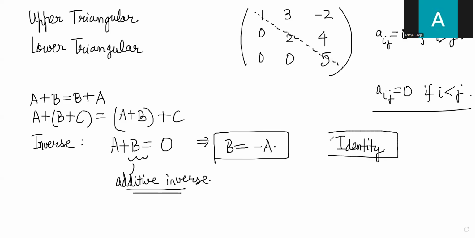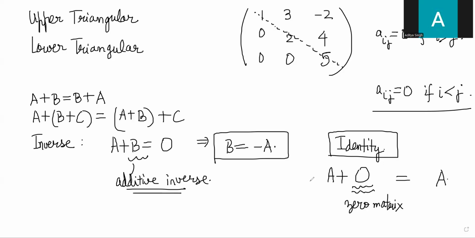Additive identity is basically for any matrix, you can find another matrix that if you add it, the matrix remains unchanged. So the additive identity will be the zero matrix, right? Zero matrix को add करेंगे तो A ही रहेगा. So this zero matrix is called the additive identity.